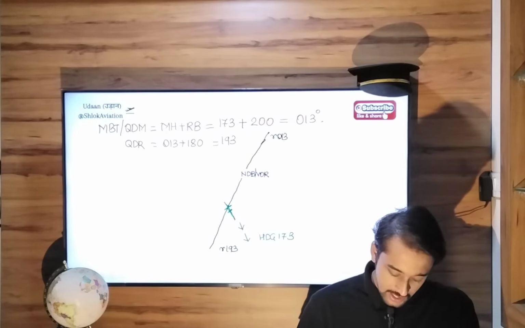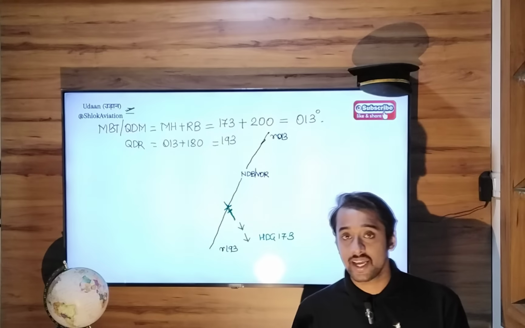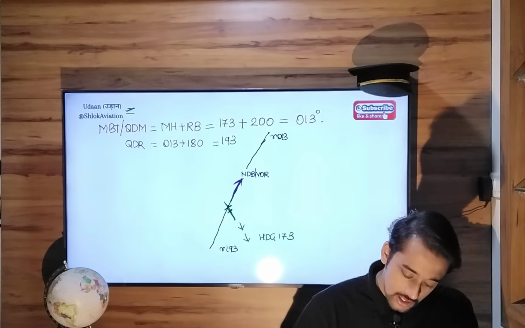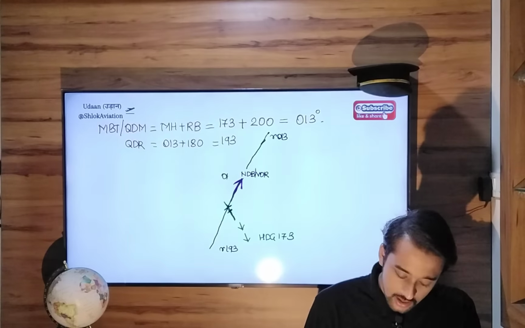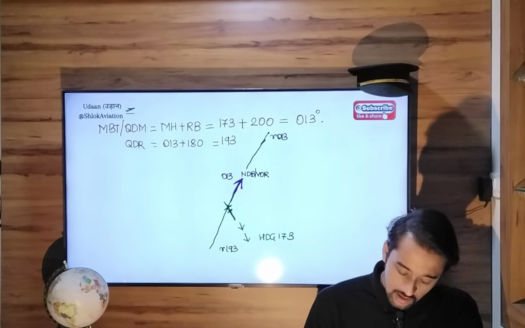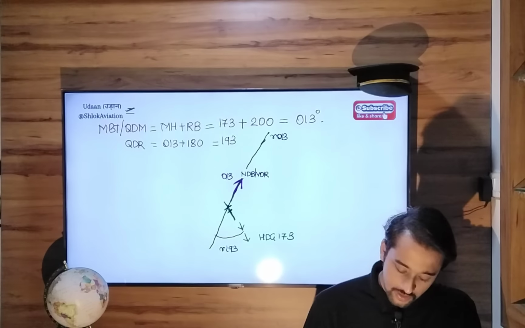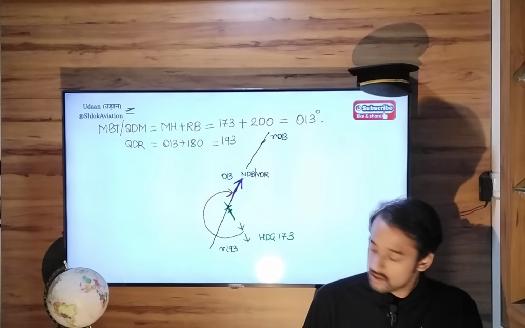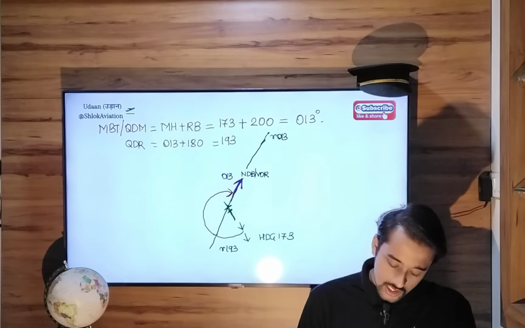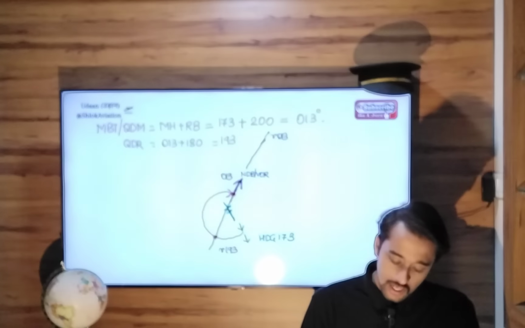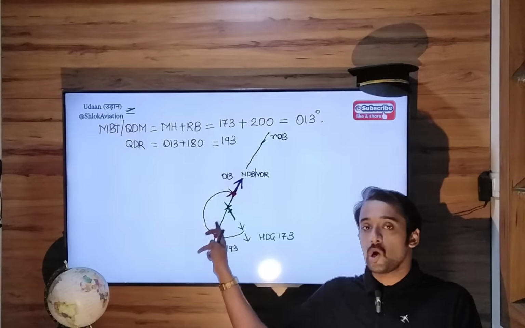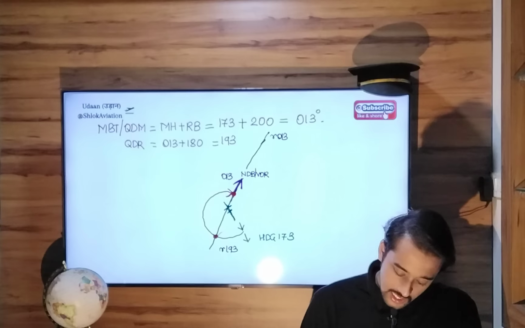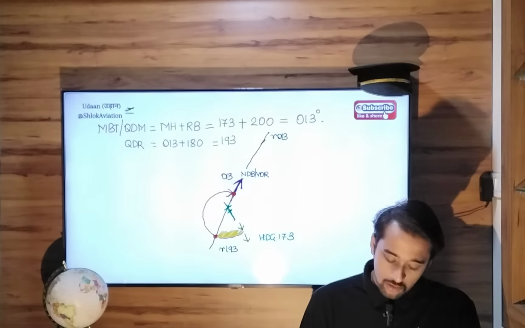Now what is relative bearing? It is the angle between your heading and the track towards the station. Now track towards the station is 013. So let's start measuring this angle from heading clockwise direction. Now we know this one red dot and this another red dot, dot to dot is an angle of 180 degree, plus this extra angle is how much?